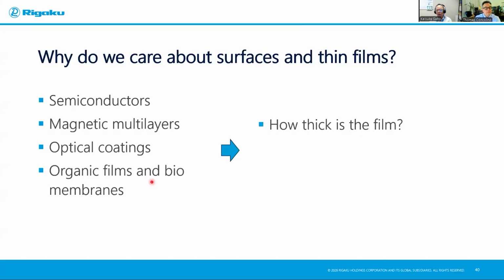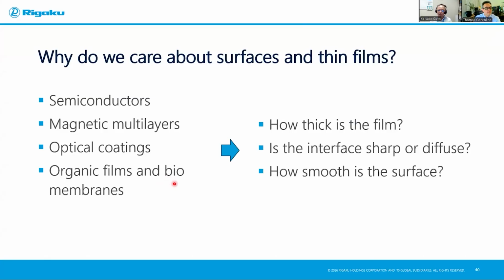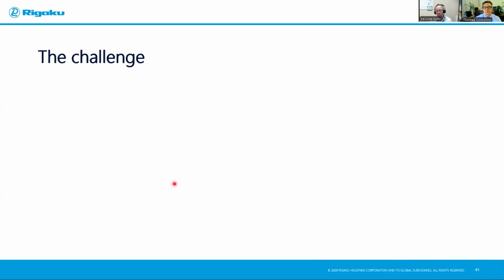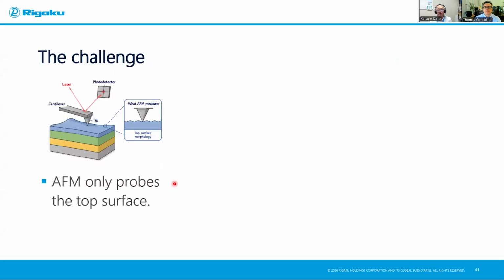But why do we care about the surface and the film? First of all, we may want to determine the film thickness, or we are wondering if the interface is sharp or diffused, or how smooth the surface is. To address those questions, we have different technologies available.